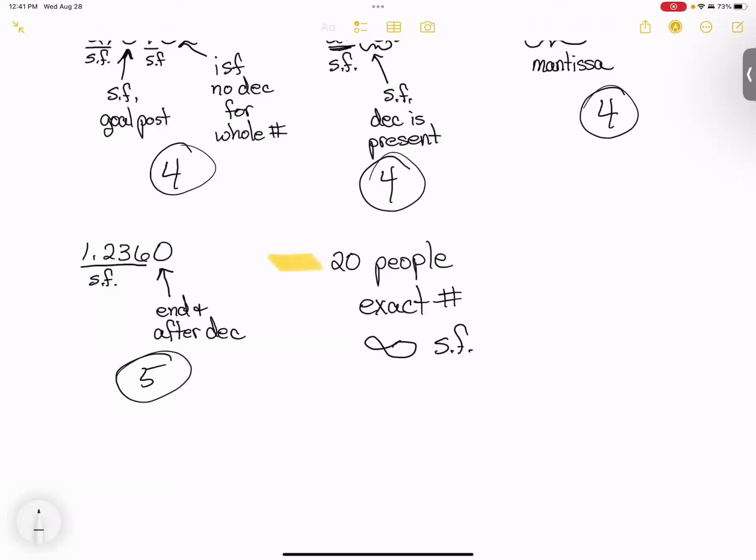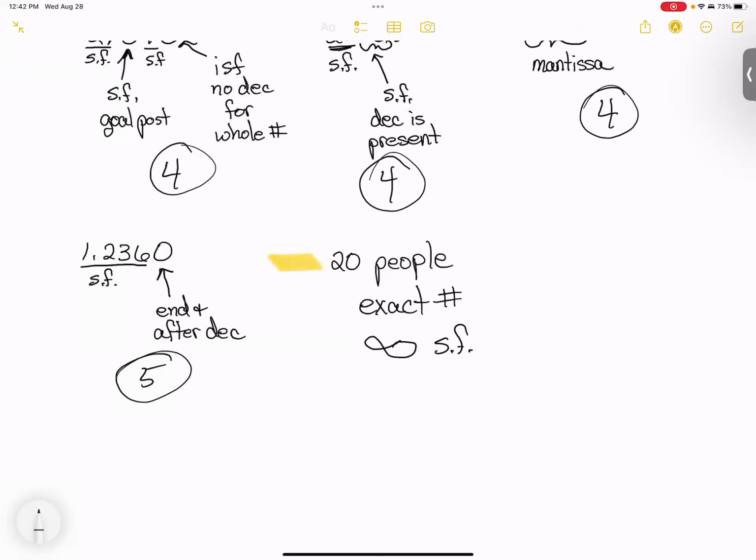Questions? You have about A through I or A through L on your worksheet that you can do, and the answer key is posted. Don't worry about question number 2 on that worksheet.